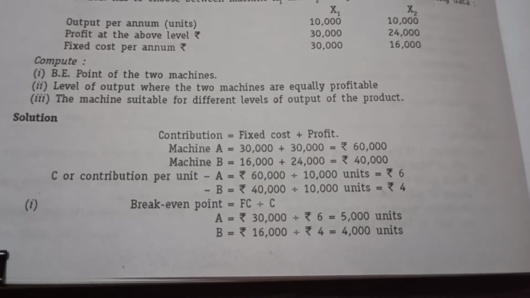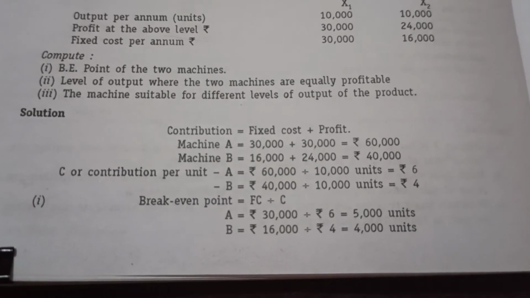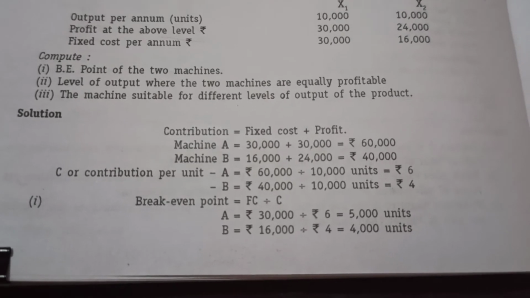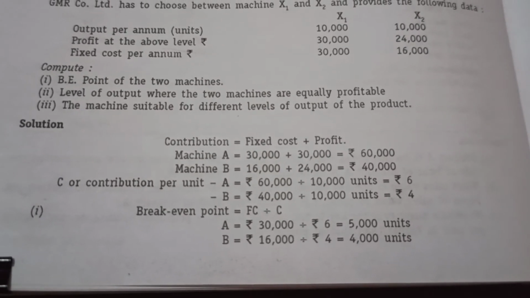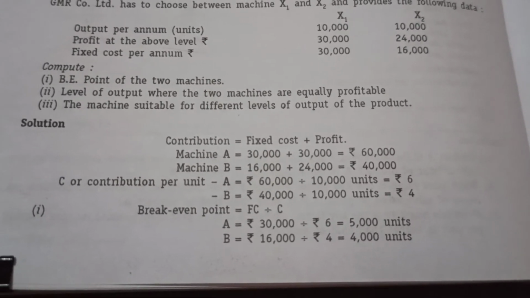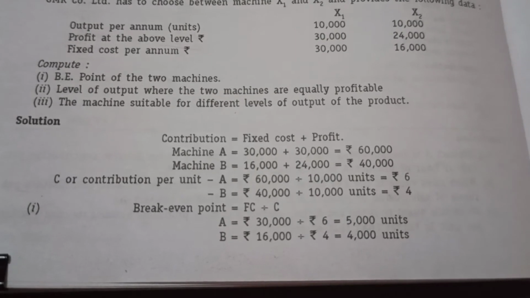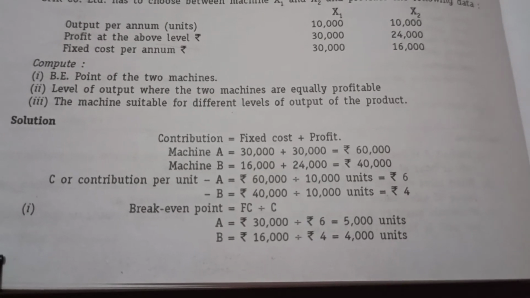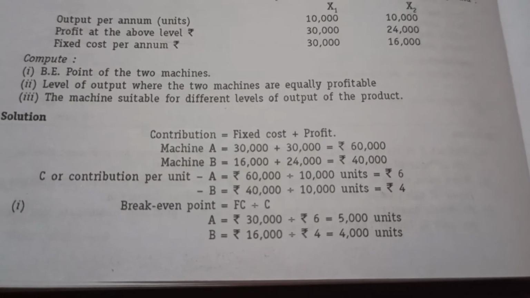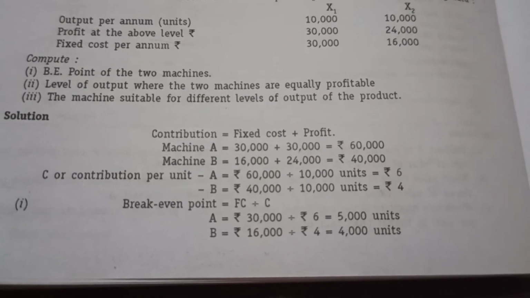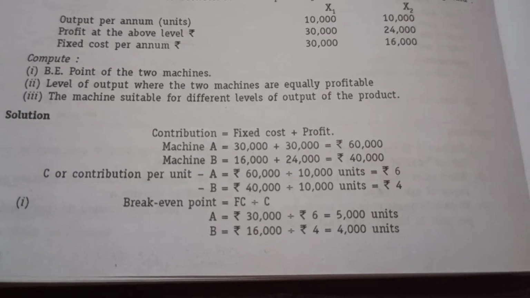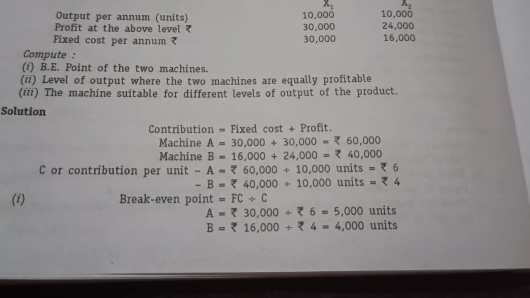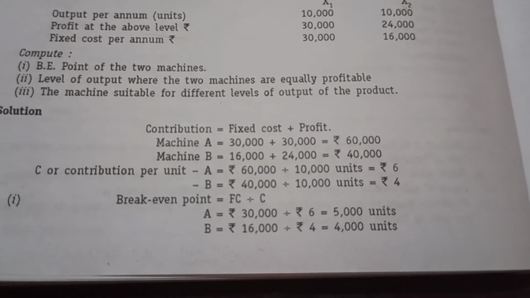So how are we going to solve this question? The very first thing, we calculate the contribution. Fixed cost is given and profit is given. So you know this equation, contribution is equal to fixed cost plus profit. For machine A, 30,000 plus 30,000, 60,000 is the contribution, and for machine B, 24,000 plus 16,000, 40,000 rupees is the contribution.